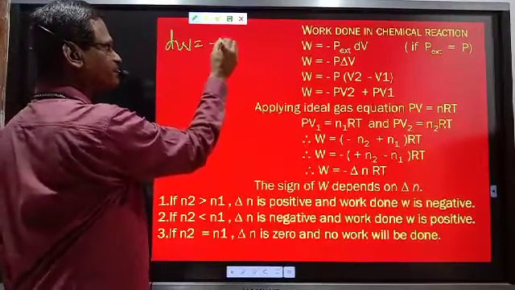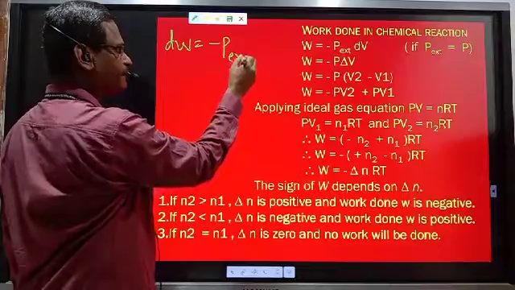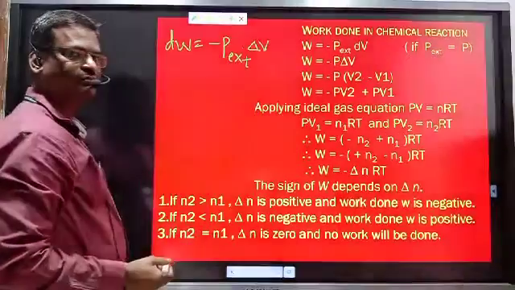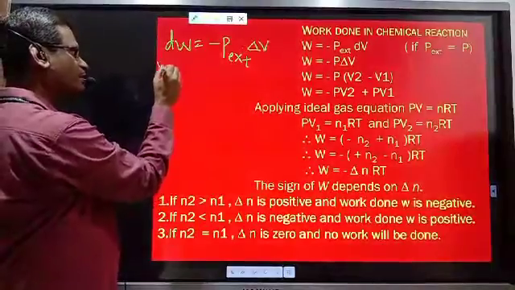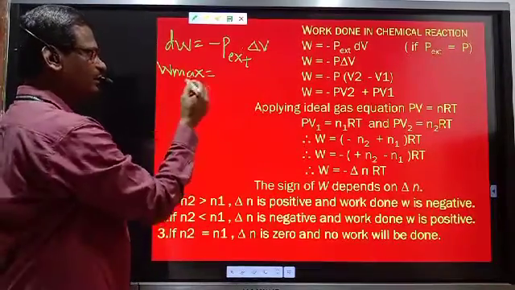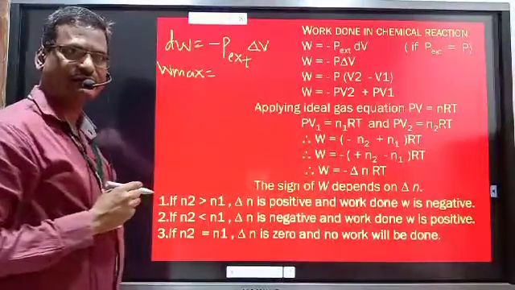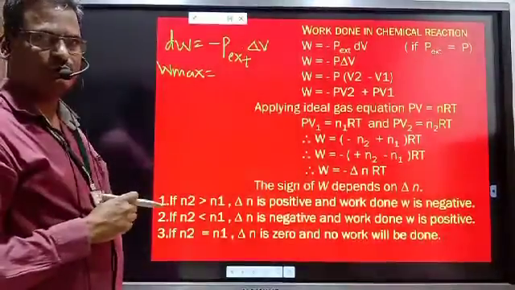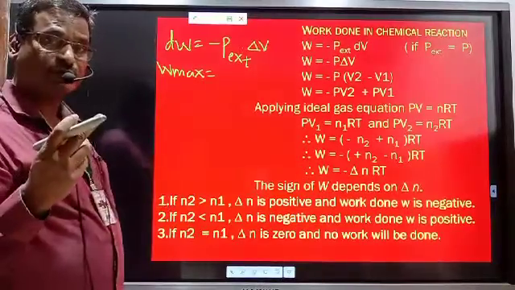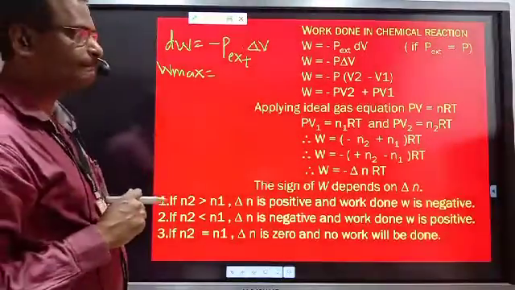During the irreversible process, it is minus P external into delta V. During the reversible isothermal process, work done is written as W max is equal to minus 2.303 nRT log of V2 upon V1 or P1 upon P2. Those are the expressions for work done during processes.